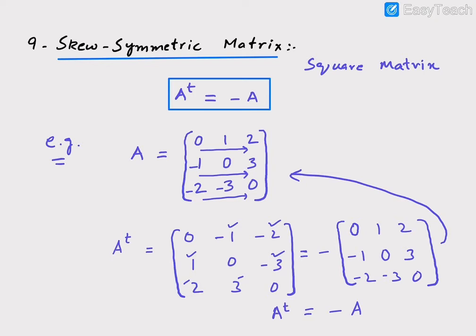So A transpose is equal to minus A, the negative of A. So we can say A is a skew symmetric matrix because it satisfies this condition, A transpose is equal to minus A, and it's a square matrix also. The order is 3 by 3. The number of rows is equal to the number of columns.